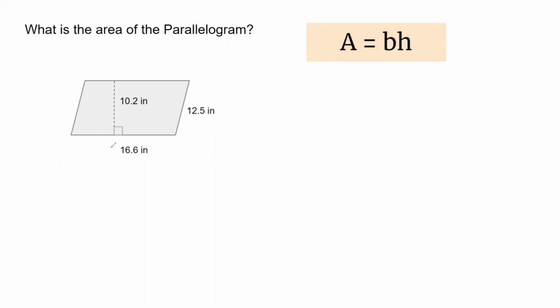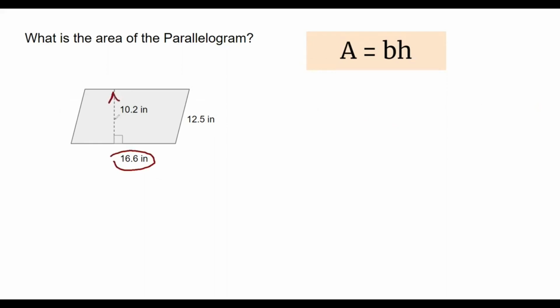This is a base, and this is our height, this one that's going at a right angle to it. H is going to be 10.2. Our base is going to be 16.6, which means we don't need the length of that side. That's not necessary for us to calculate the area.